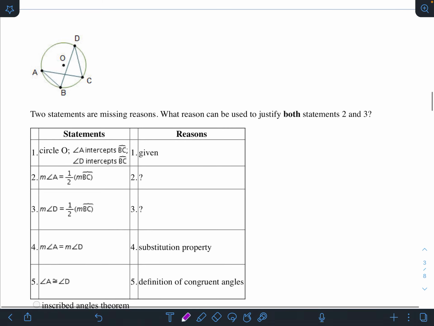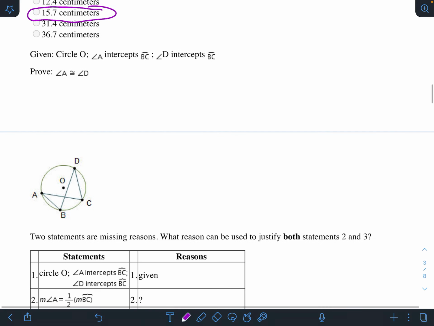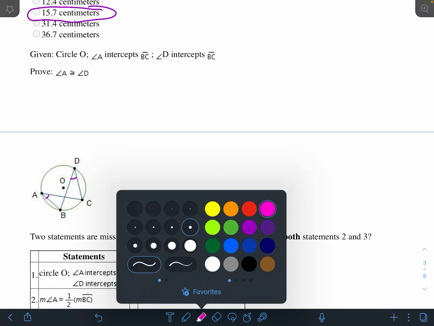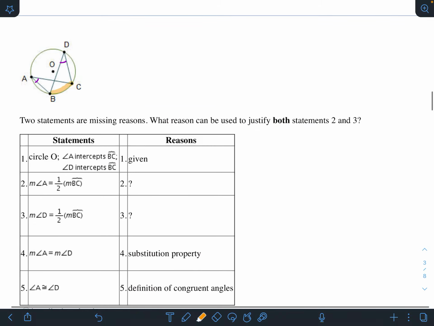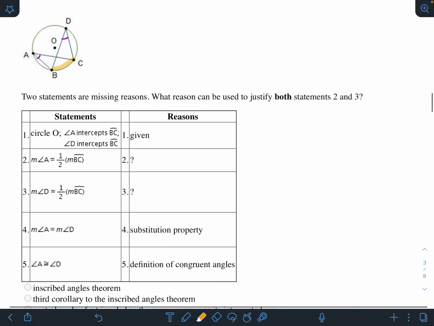So let's just think through this for a second. I want to prove that angle A and angle D are congruent. And I know that's true because they share the same intercepted arc of BC. Now, this first statement says that angle A intercepts arc BC and angle D also intercepts arc BC. And that's given.